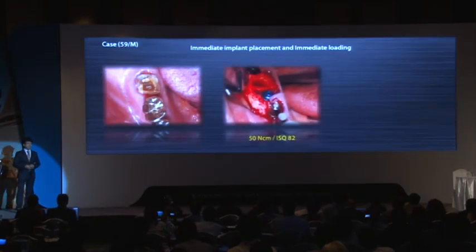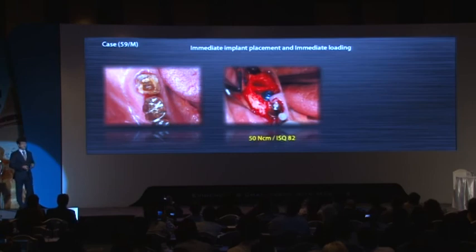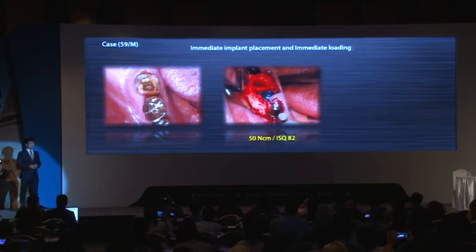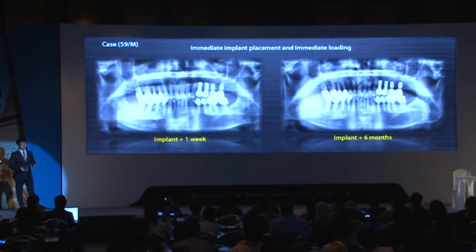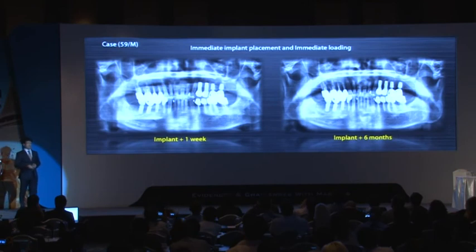Implant was placed immediately. This is also a super wide Anyridge, and initial stability was very good. So the final prosthesis was delivered 1 week postoperatively. As you can see, the implant showed a good result during the follow-up period.